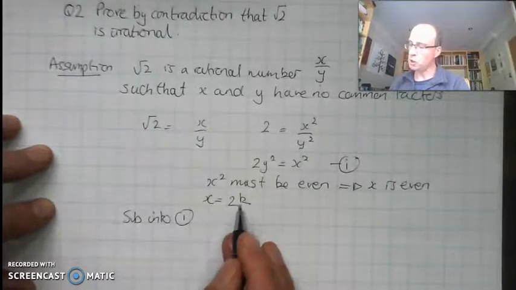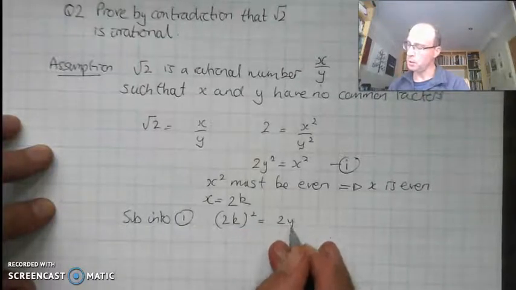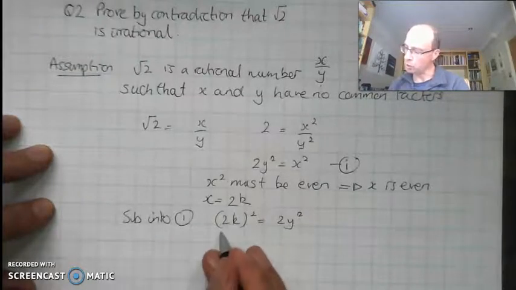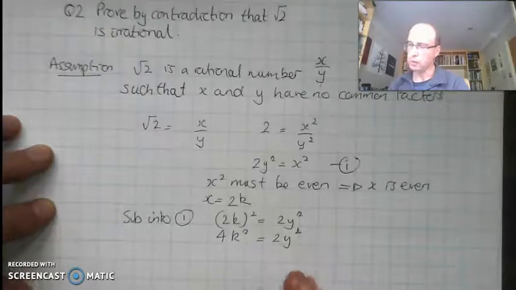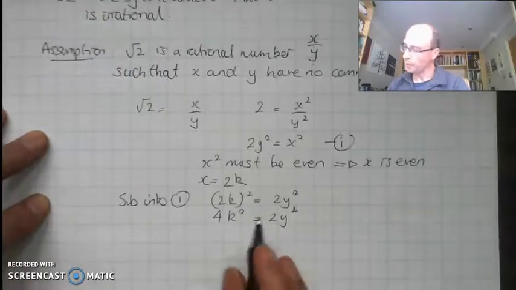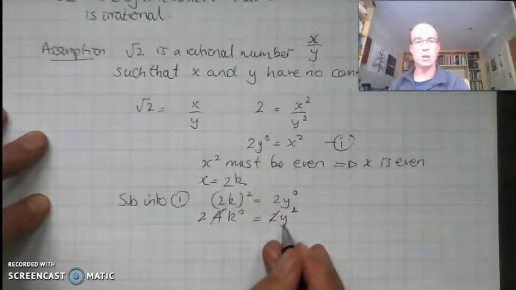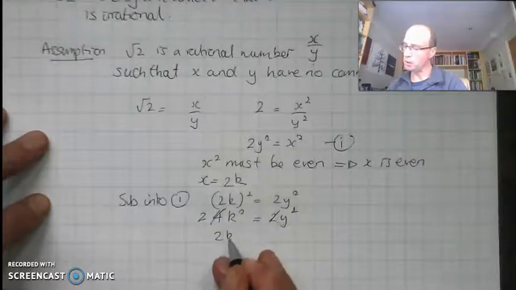So my x squared is 2k all squared, and that's going to be equal to 2y squared. Well, 2k all squared, 2 squared is 4, so 4k squared is equal to 2y squared. I can cancel down, so I've got 2 lots of k squared is equal to y squared.